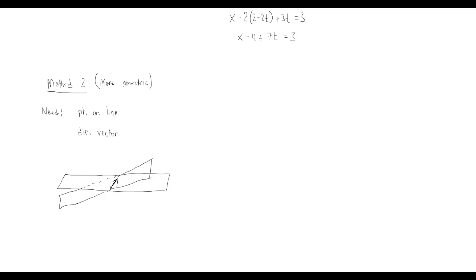Now, since the line lies in both planes, that means this direction vector also lies within both of the planes. So therefore, this direction vector should be orthogonal to each of the normal vectors of these two planes.